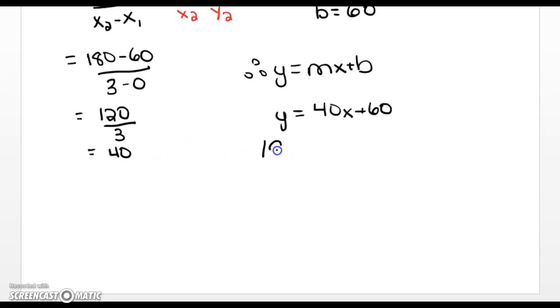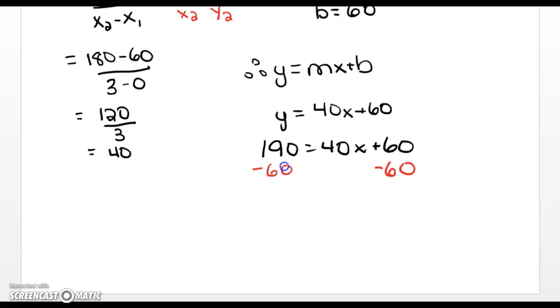So we have 190 = 40x + 60. I'm going to solve for my x variable. First we have to subtract 60, so you want to move all of the numbers to the other side. I always start by doing, it's almost like opposite BEDMAS, where I do the adding and subtracting first. So here I'm going to subtract 60.